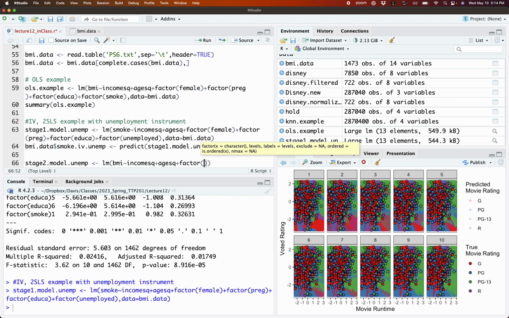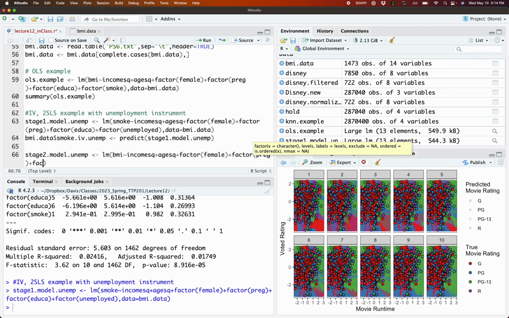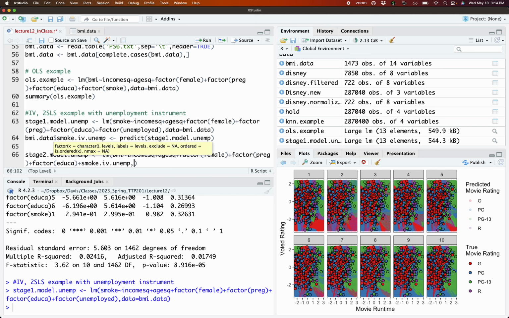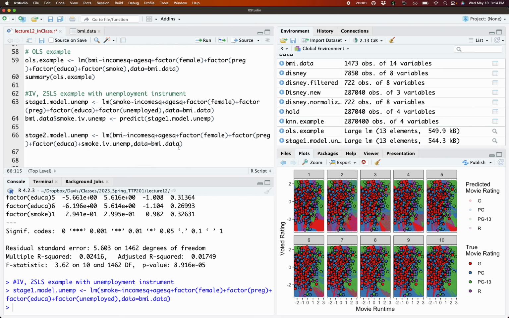So all the same stuff, plus now, instead of factor smoke, we're going to do this.